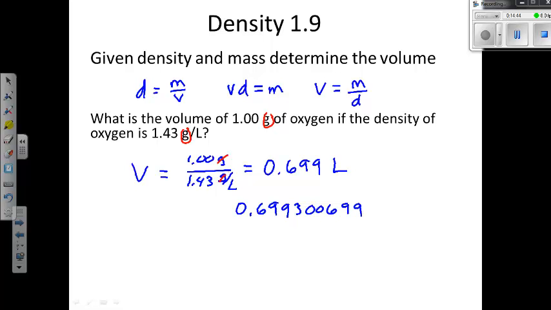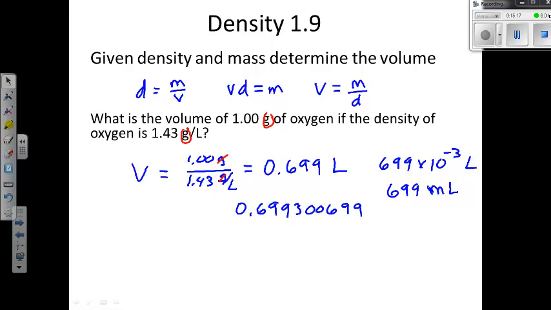I can change that to milliliters, right? A milliliter is 10 to the minus 3. So moving the decimal point over, 699 times 10, moving it to the right, so it goes down. Or still in liters here, sorry. I haven't changed it to milliliters yet. Liters, and then 699 times milliliters, right?